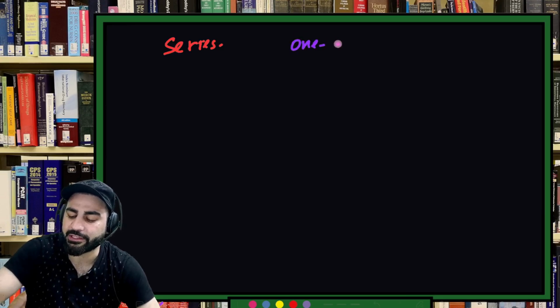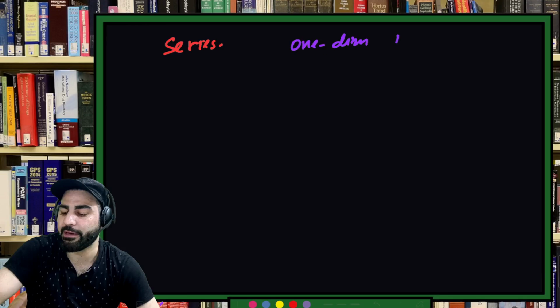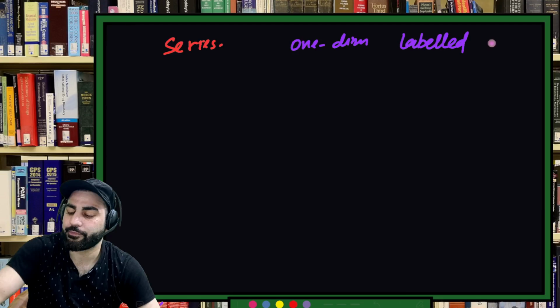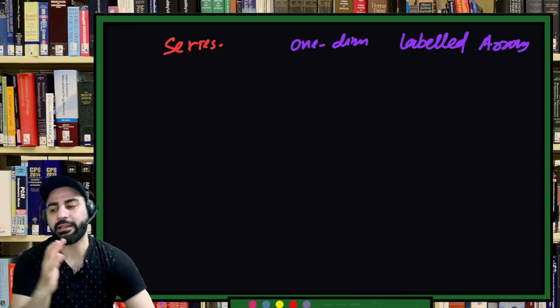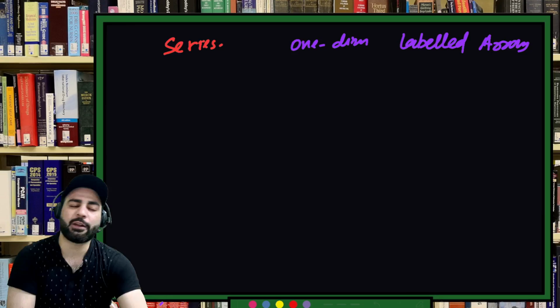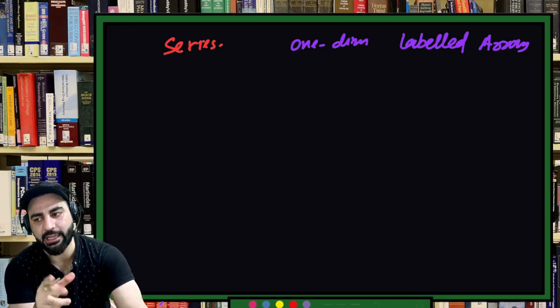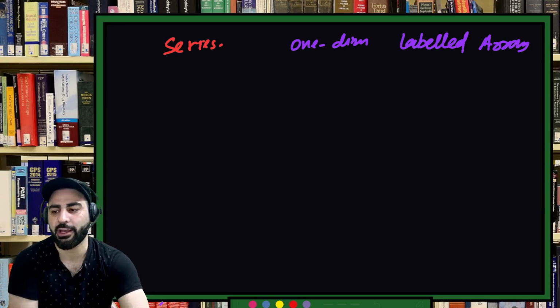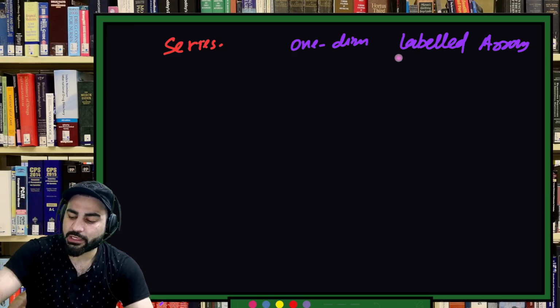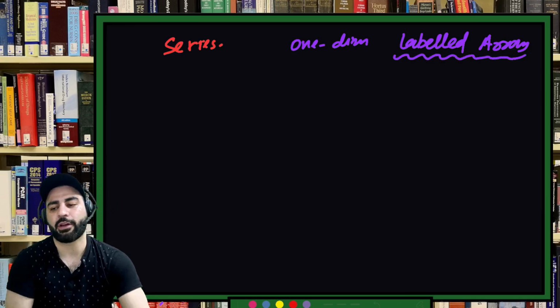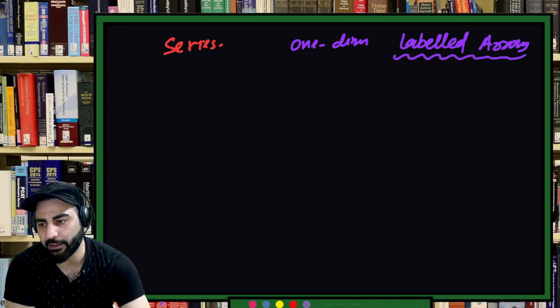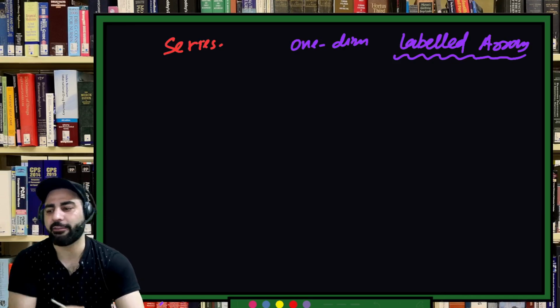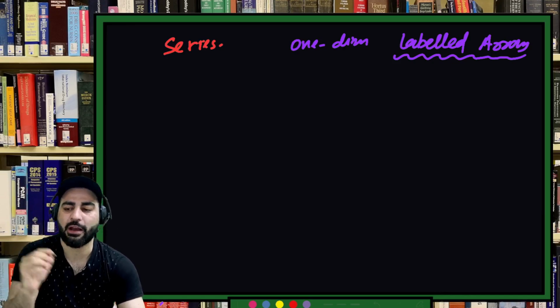It is a one-dimensional labeled array, and it can hold any type of data like strings, integers, floats, maybe Python objects also. It is labeled data, so for each item it will have a particular label. The axis labels are collectively referred to as the index.